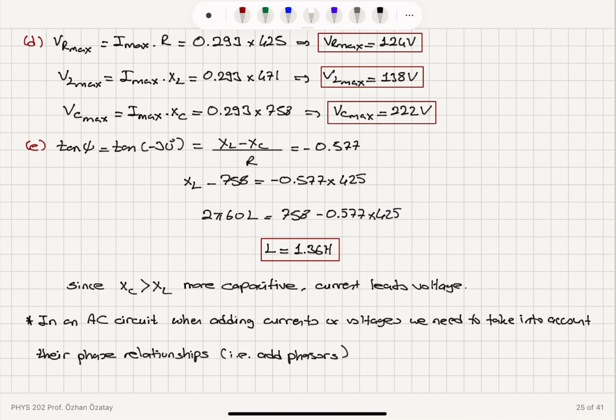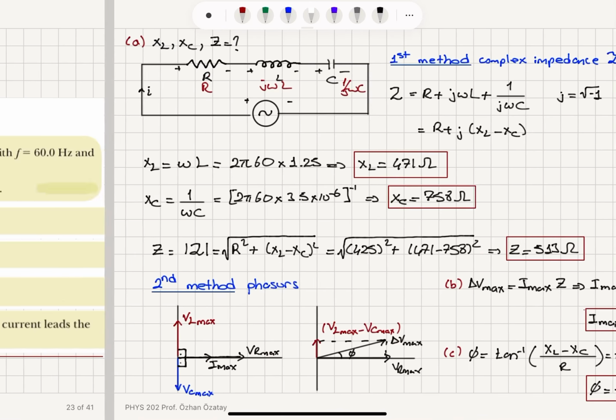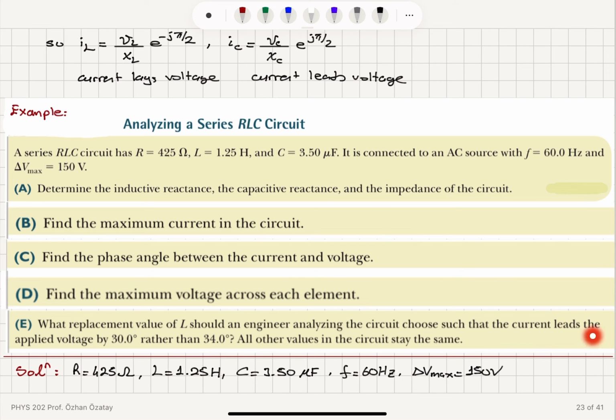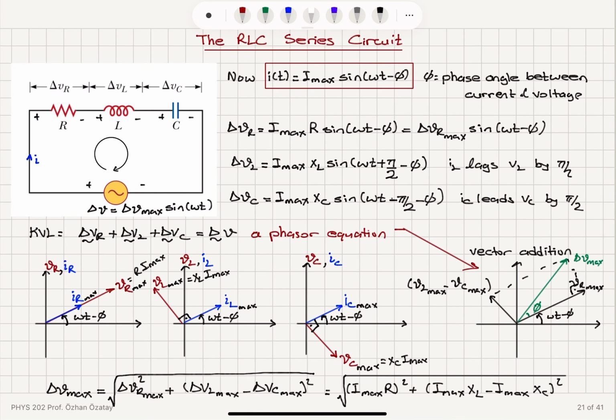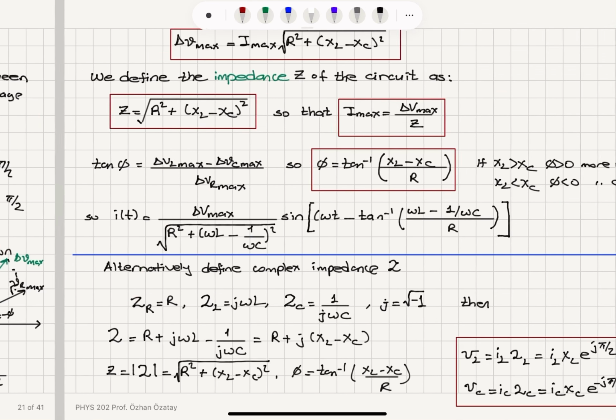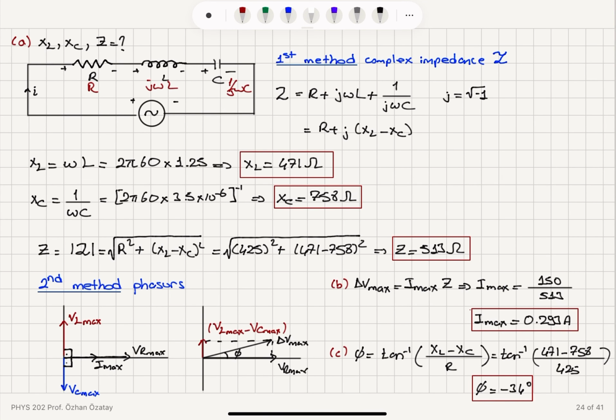And we can substitute the numbers to calculate the phase angle, but if we want to change the phase angle from minus 34 to minus 30, because the problem statement says the current leads the voltage by 30 rather than 34, is that the case? So this phi angle that we have here is basically going to be negative. So that means delta V max will have an angle phi here.